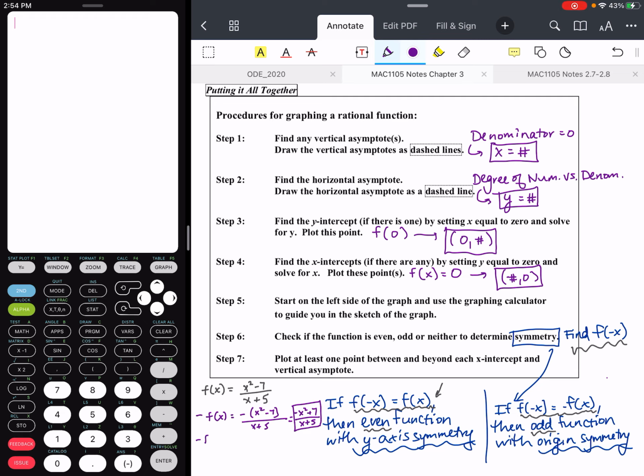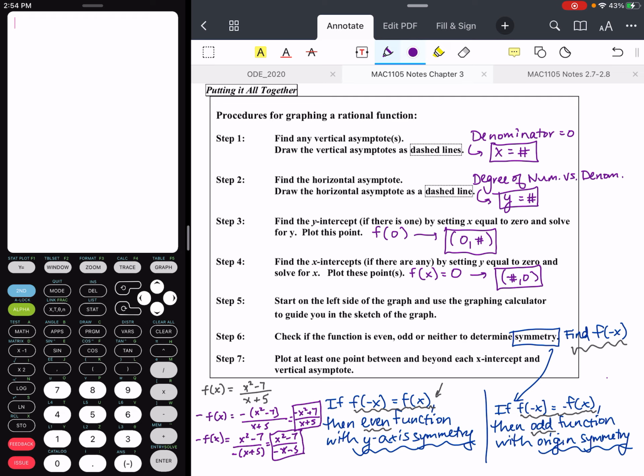Or for negative f of x, you could put that negative sign in the denominator but leave the numerator alone. So x squared minus 7 divided by negative x minus 5. So that's also negative f of x.